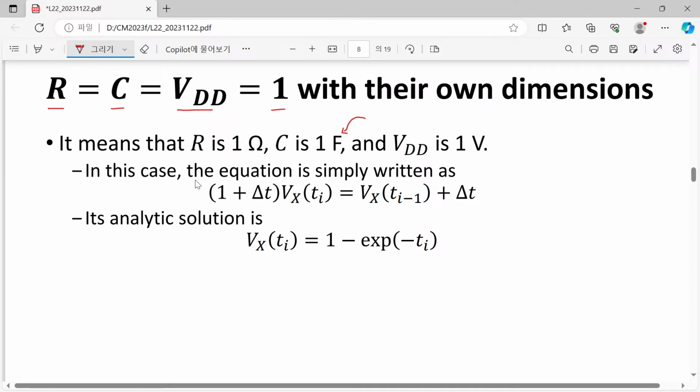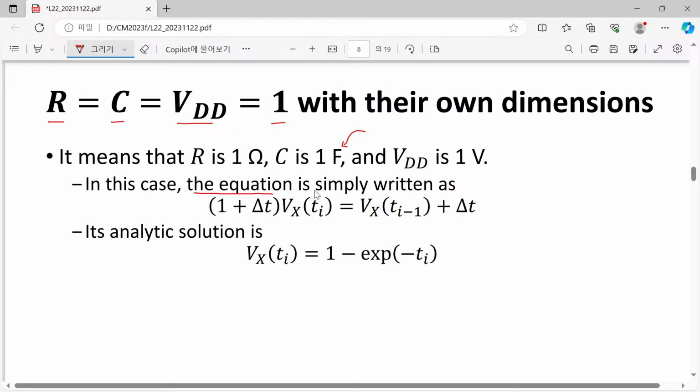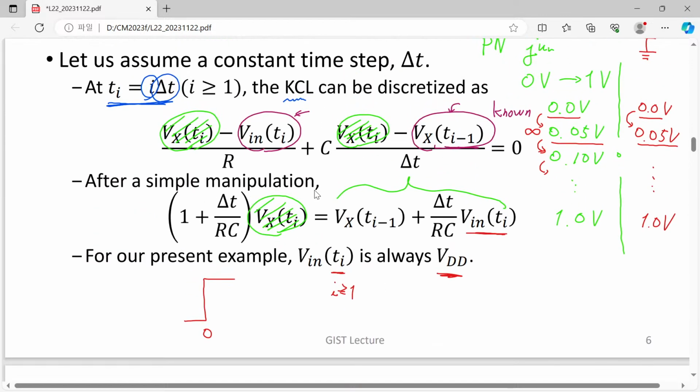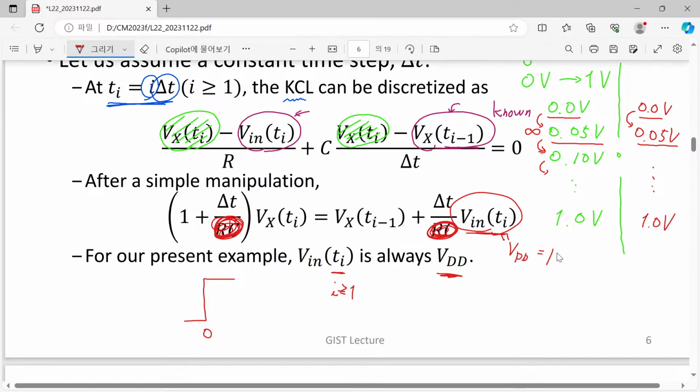In this case, the equation can simply be written in this form. Why? Please come back to this one. R is 1, C is 1. So here we have RC equal to 1 plus delta t, and here we also have 1. And this one also becomes VDD, but in this case we have 1 volt.